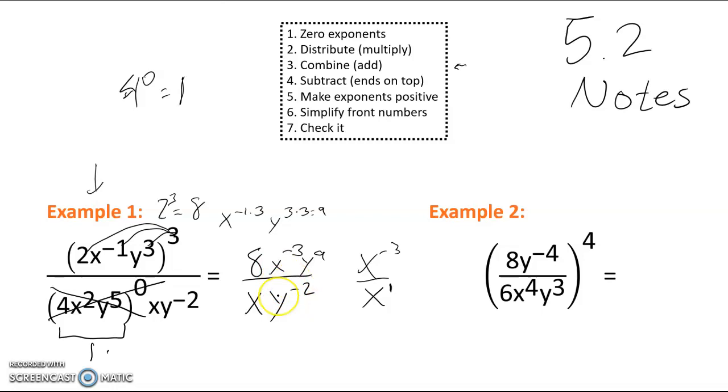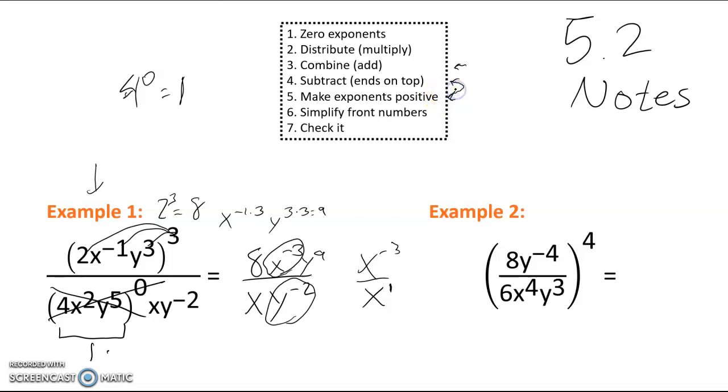Or, and this is the version that I like, I'm going to automatically make these negative exponents positive. I'm just going to get rid of any negative exponents that I have. To be quite honest with you, if I was making this list, I would probably swap 4 and 5 up here.